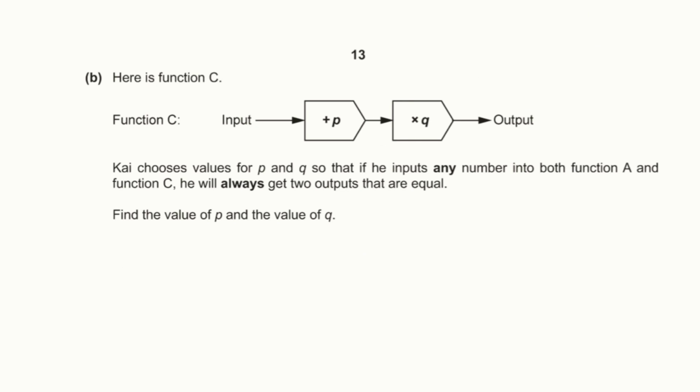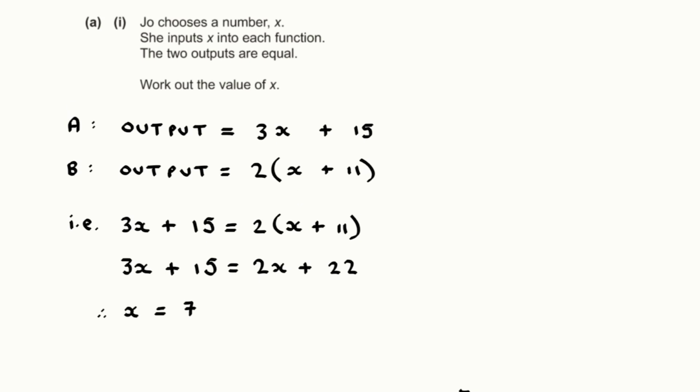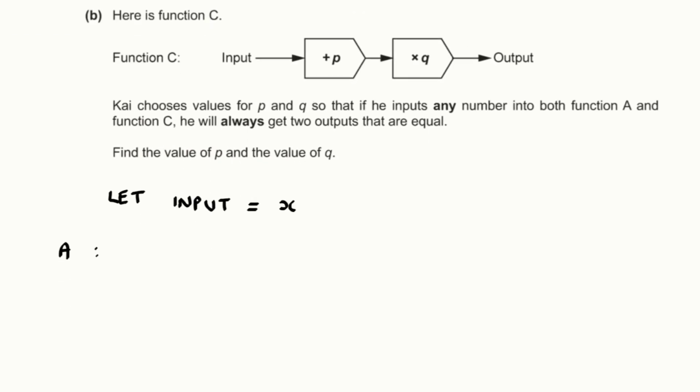Well, if over here we let the input equal x, then with A, we already saw what that function machine gave. The output was equal to 3x plus 15. So with function A, we have an output of 3x plus 15.